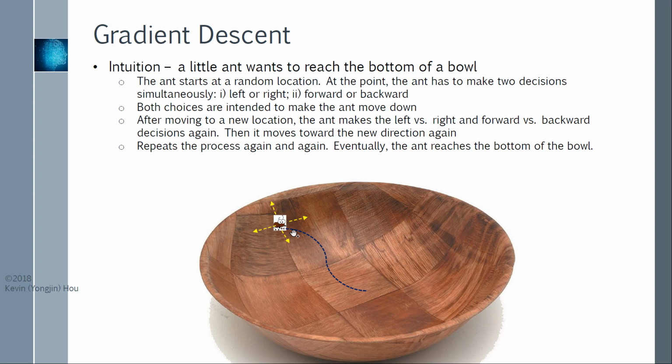Then at the new point, the ant makes the same decision, go left or right, forward or backward. Anyway, the ant makes the right decisions and finds a path that eventually helps it get to the lowest point of the bowl. So the intuition is here: just as an ant wants to get down a surface, in optimization the goal is to find a path which will get us to the lowest point.